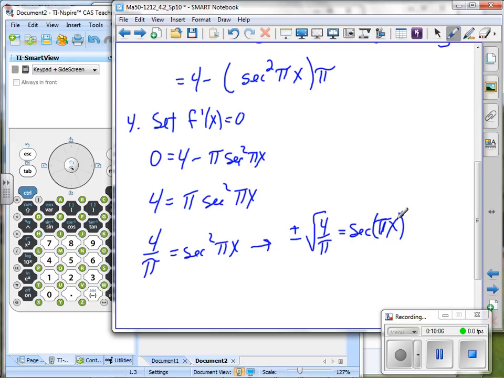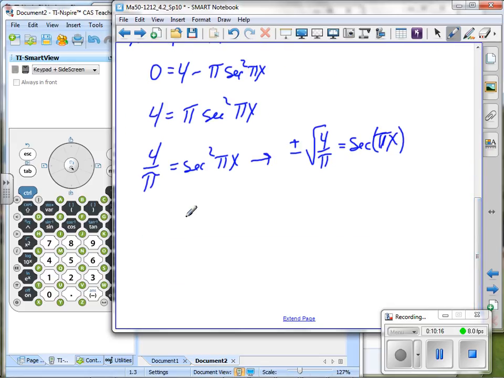X, good. I mean, we can get so lost in these problems. I'd rather work with cosine and sine, so this could be plus or minus 2 divided by the square root of pi equals 1 divided by cosine pi x.